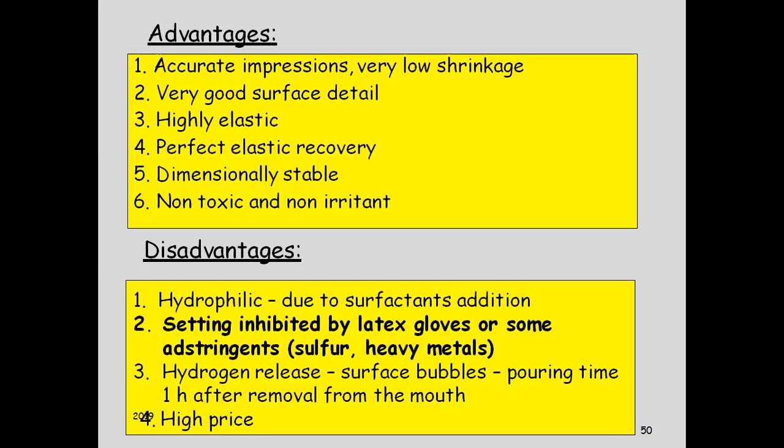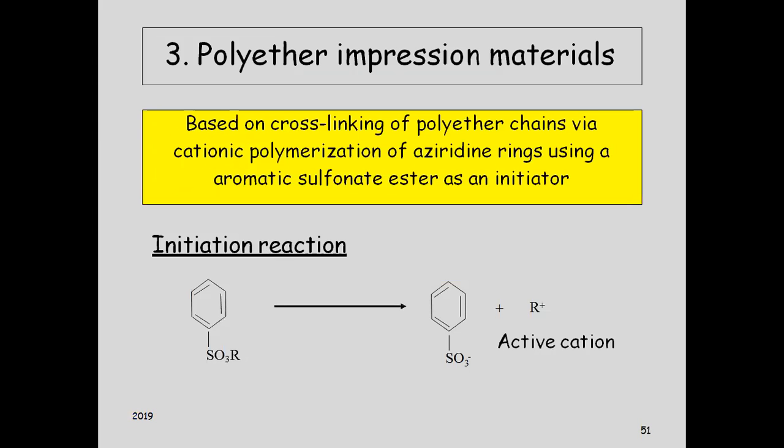Then by placing the spacer, or sometimes we have to make the space with the BP blade. Then there is an auto mixing gun. When we press the trigger, there is mixing in the tip, and we can directly place it in the mouth and take the impression. So there are very few chances of bubbles. You can again see the video on YouTube, A silicon and C silicon, right?